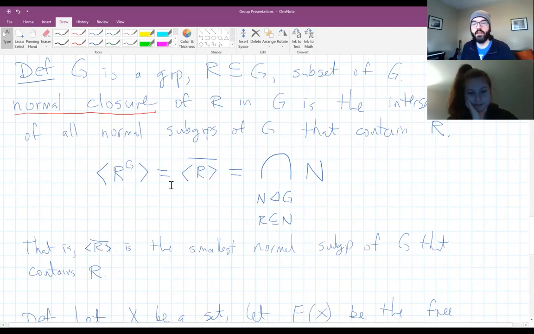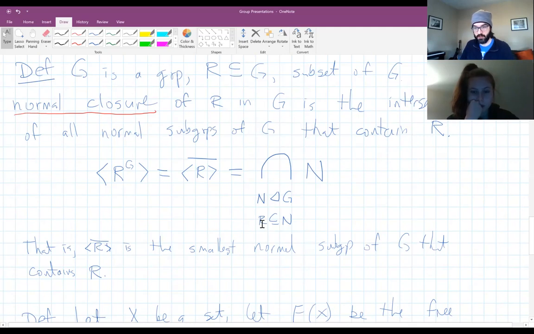You know that the intersection of two groups is a group, right? And the intersection of two normal subgroups is a normal subgroup. So the closure is a normal subgroup, but it has to contain R, because every one of these normal subgroups has R in it. So this normal subgroup contains R. Does that make sense?